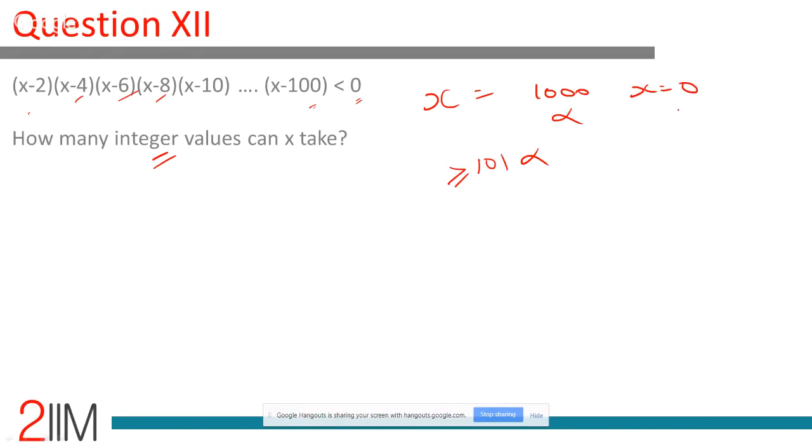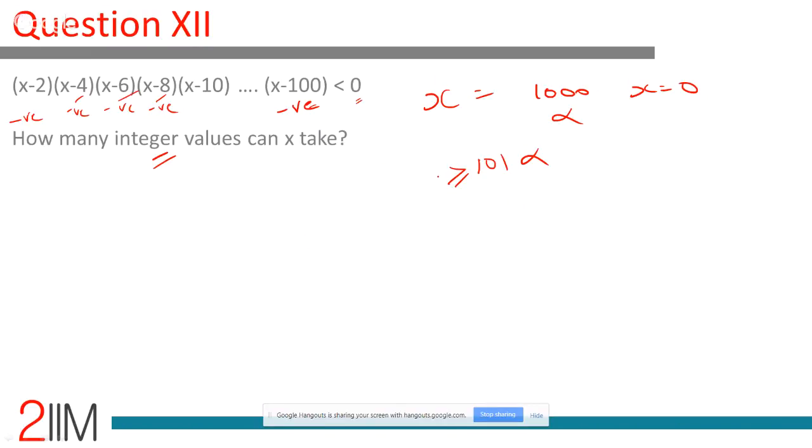Now let's put x equal to 0. You put 0 minus 2, 0 minus 4, 0 minus 6, 0 minus 8. This is negative, this is negative, this is negative, this is negative. Every single term is negative. Product of many negative terms: will it always be negative? Wait a minute. Product of many positive terms will be positive.